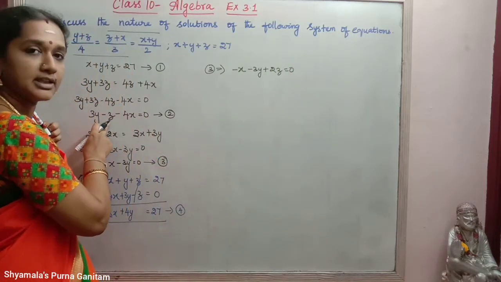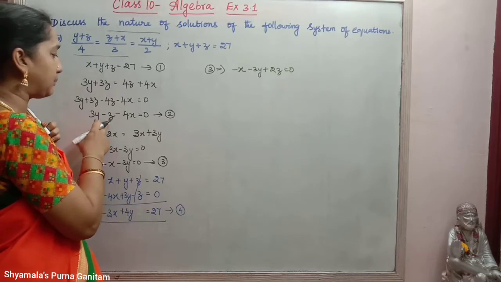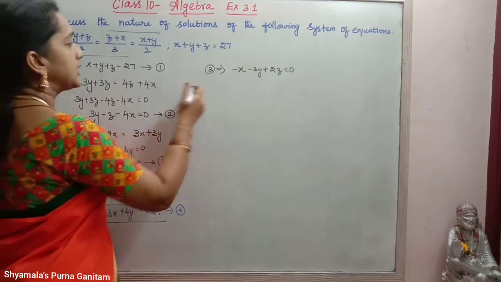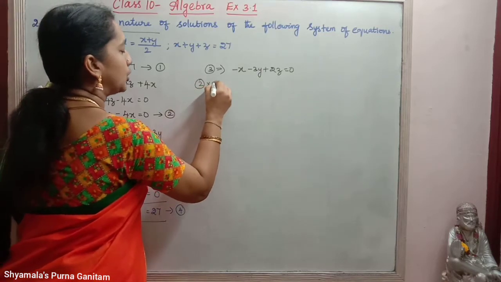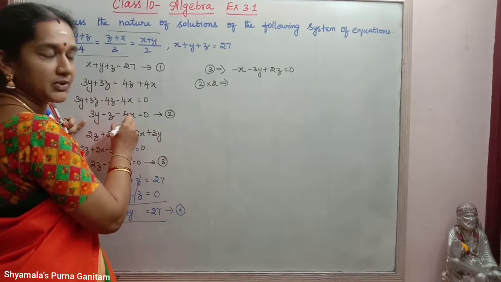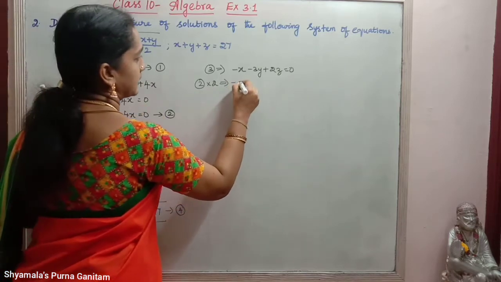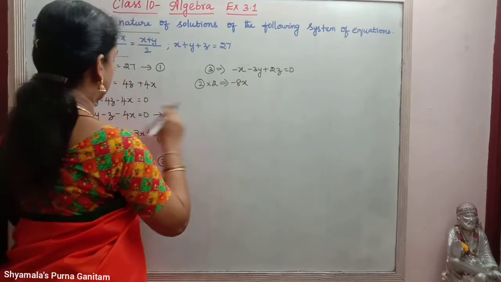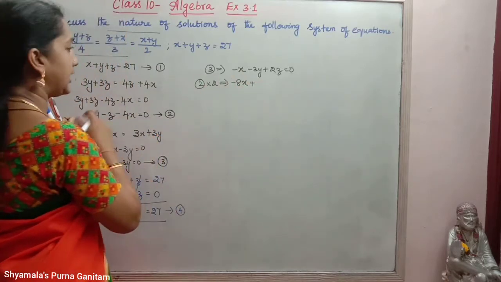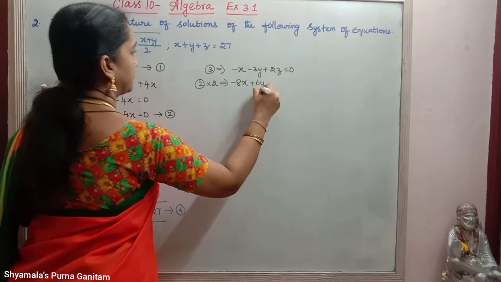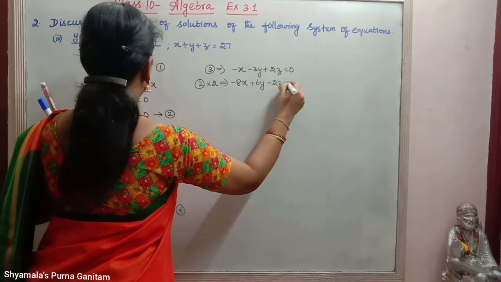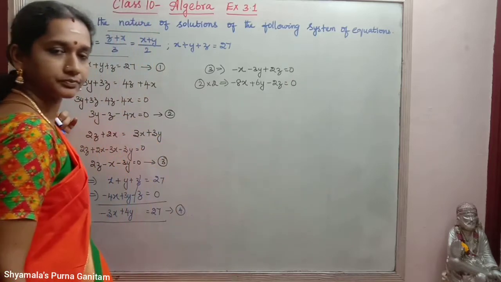Here in this only z is there, so if I multiply by 2, I can cancel that z. So second equation into 2: minus 8x, 4 2s are 8, then y is plus 3 2s are 6, 6y, then z is minus 2z is equal to 0.